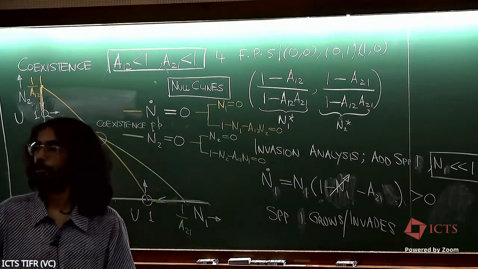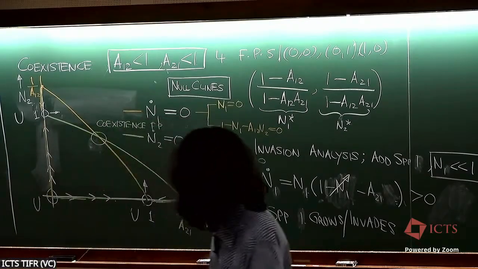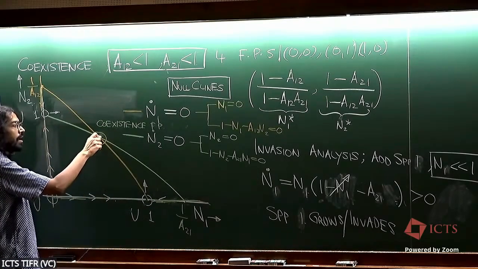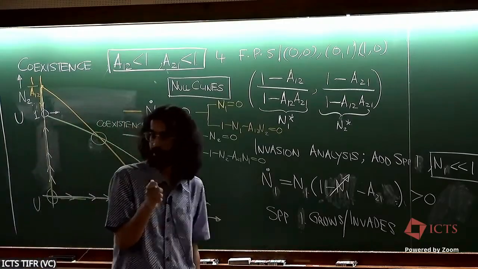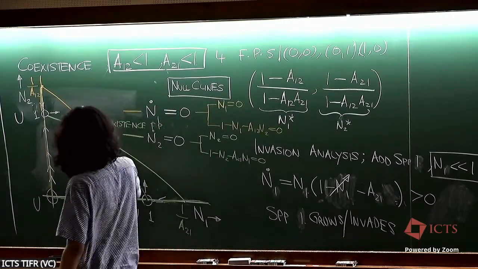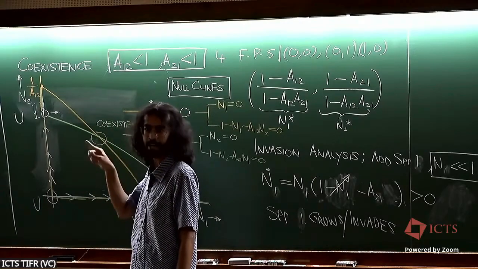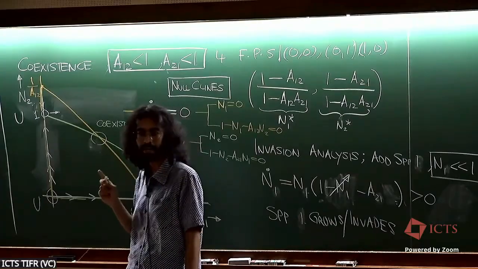Does someone know another name for a linear stability matrix? Yeah, typically a Jacobian, right? So what you're doing is that you're going a little bit of distance away from this fixed point, right? If this is n1 star, n2 star, you go to n1 star plus delta n1, n2 star plus delta n2, where delta n1 and delta n2 are small.